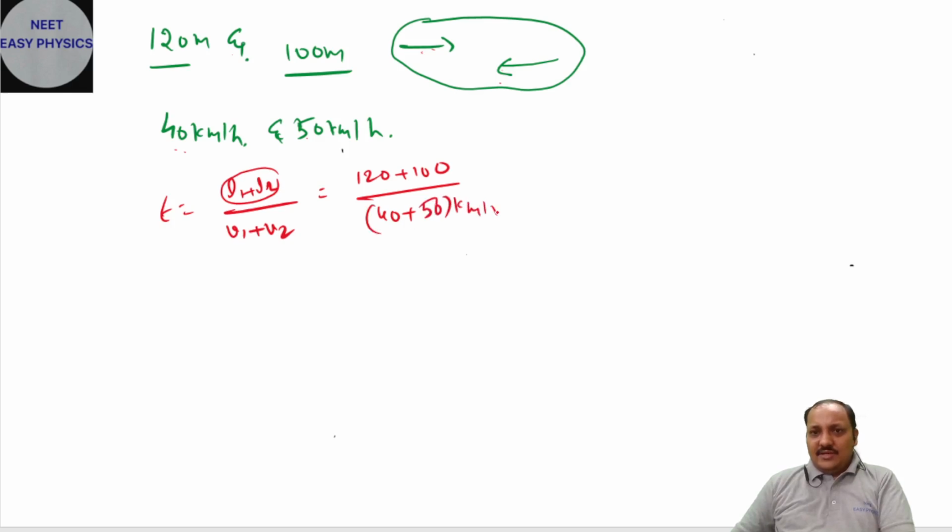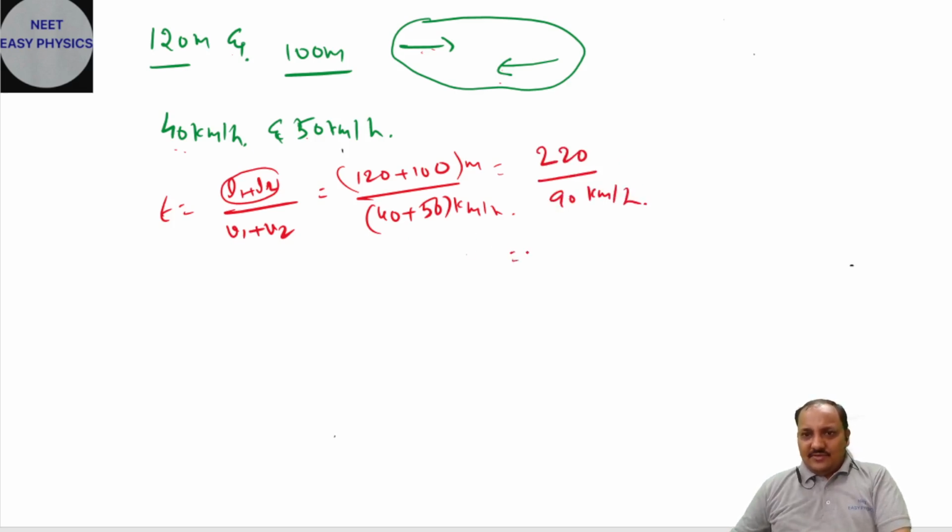This is in kilometers per hour, and this is in meters. Therefore, 220 by 90 kilometers per hour. This 90 kilometers per hour we should convert into meters per second: 220 by 90 into 5 by 18. How many times will it be cancelled? You can cross check. This 0 will be cancelled, 9 will be cancelled 2 times. 2 goes to the numerator, so 22 into 2 by 5.